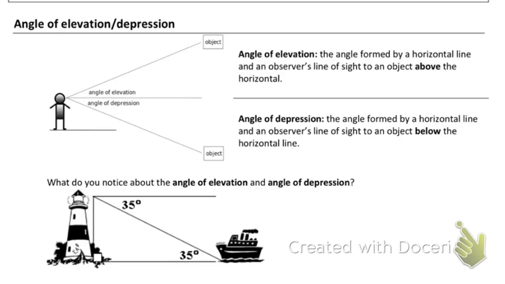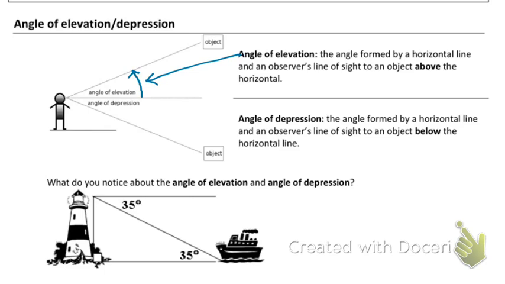So if we read this explanation, it says angle of elevation: the angle formed by the horizontal line and an observer's line of sight to an object above the horizontal. So if we look at the little picture of that guy, when he looks up at something, so right here, that is our angle of elevation. Basically that angle from looking straight ahead to moving up, how much he had to move his head.